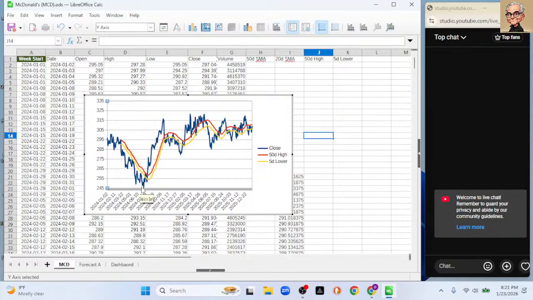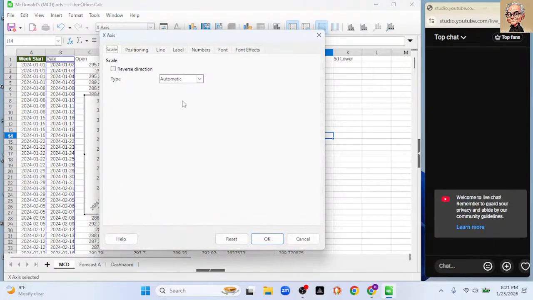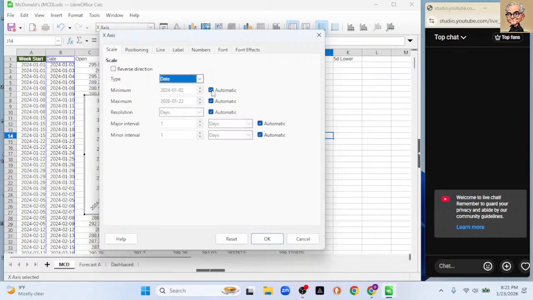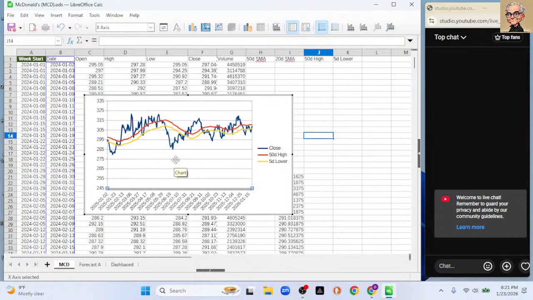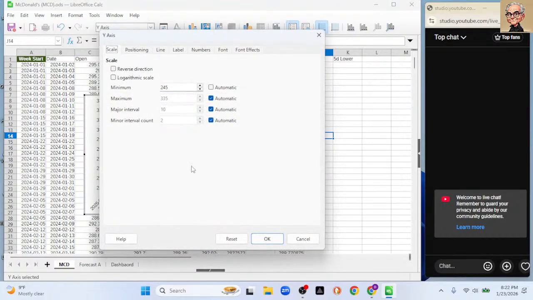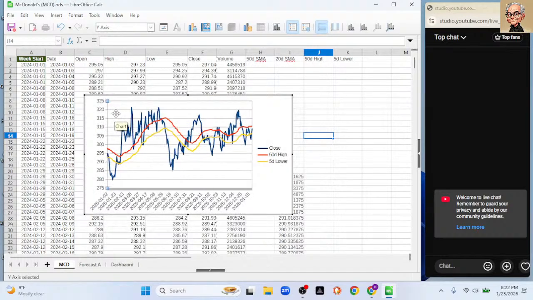So once again, this would be date. Let's start with this 2025. Okay, that's not too bad. So anyway, again, it's moving averages, and so you're looking for crossover events.